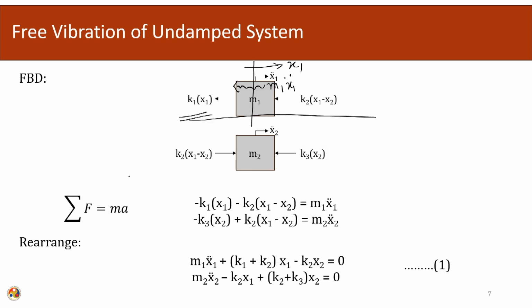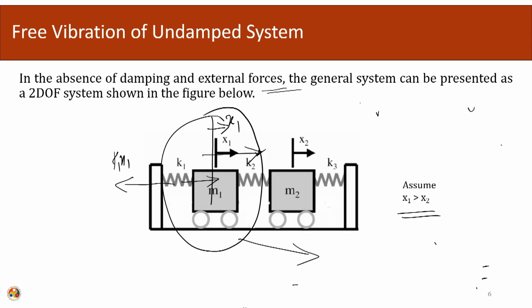Now let us see what happens on the other side. This system has moved x1, so k2 tries to move this way, and the resisting force will be k2 x1. Simultaneously, this system has also moved this way.